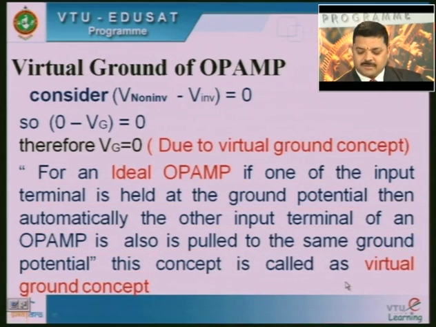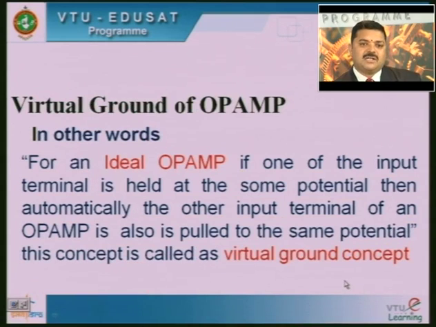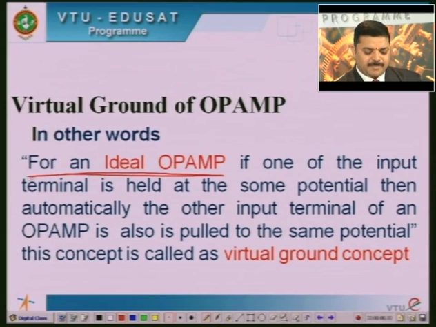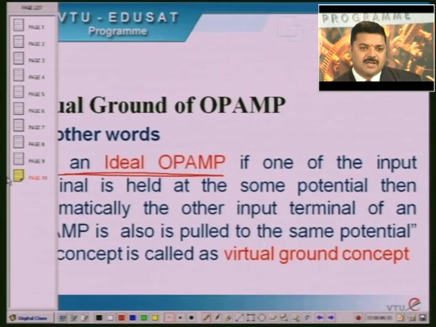The same definition can be stated in other words. Always we should start with the ideal op-amp. For an ideal op-amp, if one of the input terminals of the op-amp is held at some potential, then automatically the other input terminal is also pulled to the same potential.